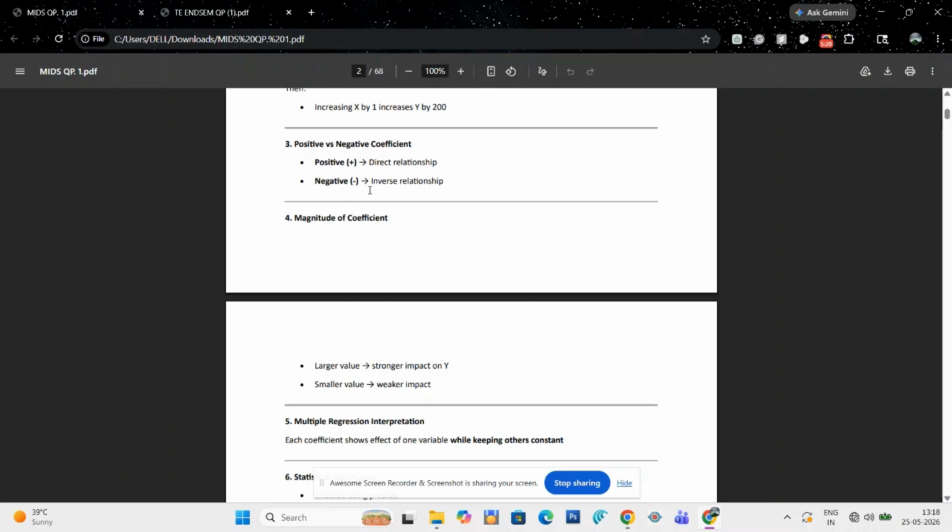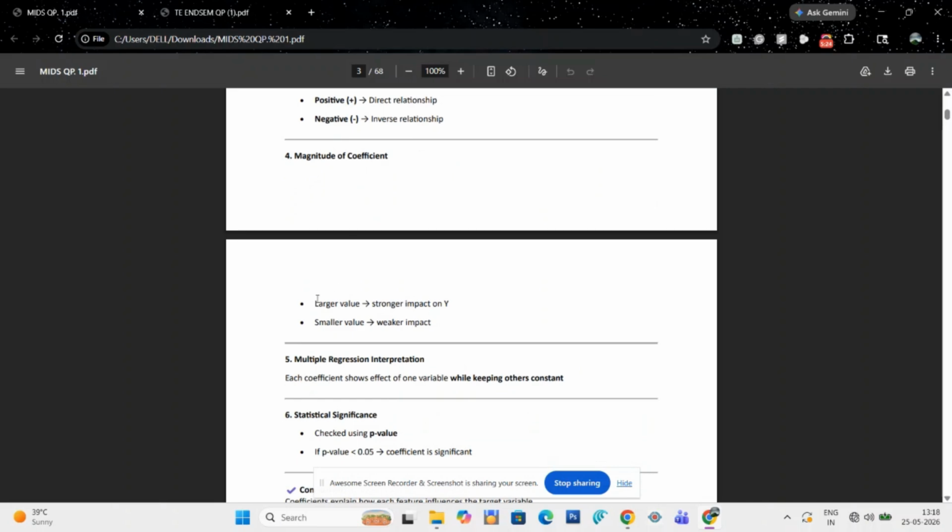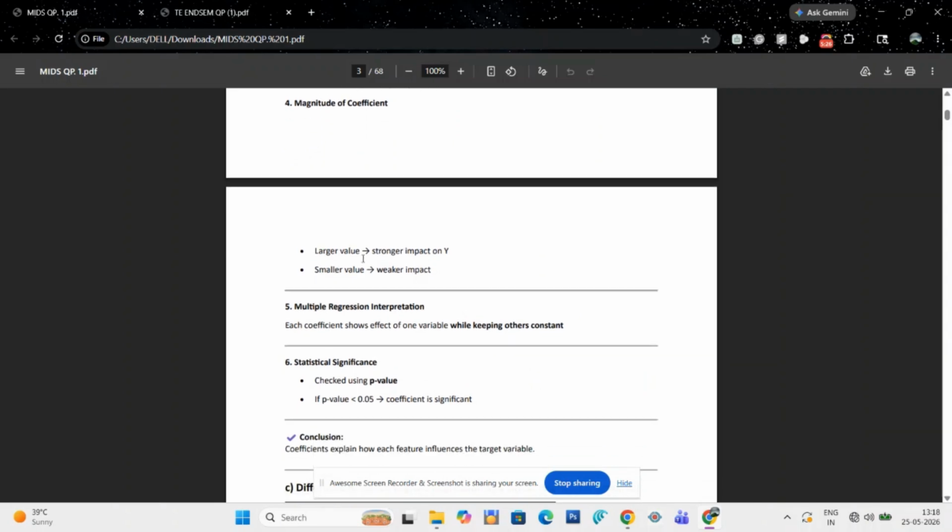Next is the magnitude of coefficient: a larger value tends to have a stronger impact on the dependent variable, and a smaller value means a weaker impact.